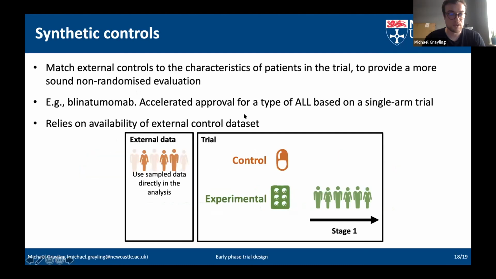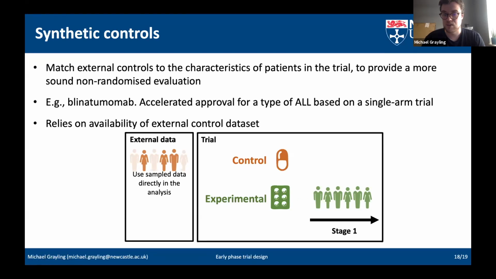And the final thing I'm just going to mention is what's known as having a synthetic control arm. So this is presupposing that you have some large external data set of results for patients on the current control. And what you're going to do is you're only going to recruit patients to the experimental arm.